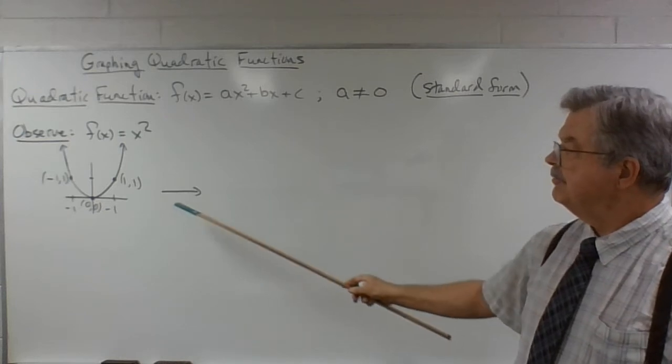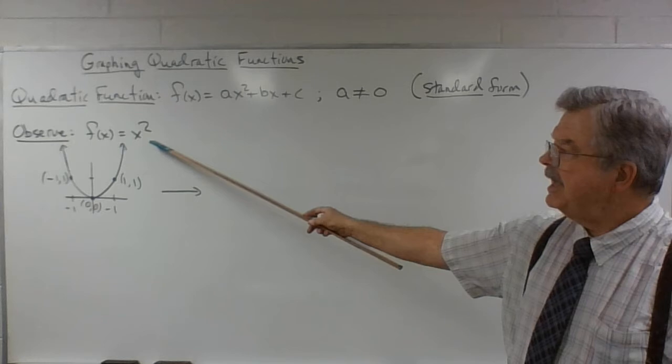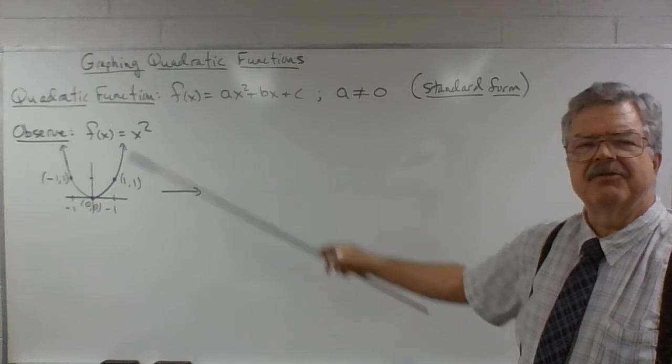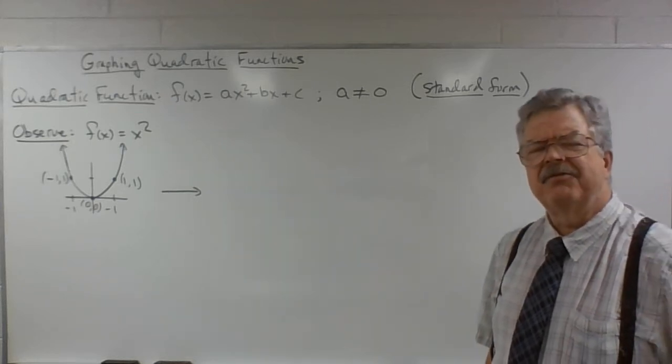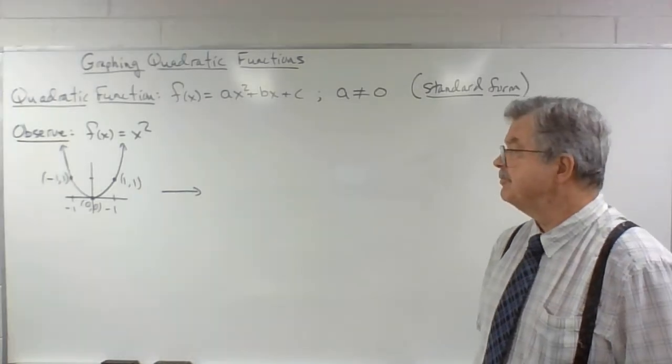Now we know from what we did in previous sections that we can take f of x equals x squared and transform it into a different function through a sequence of steps.